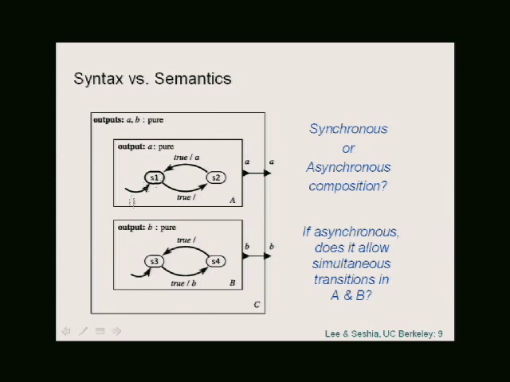But this picture does not tell you whether it's combined synchronously or asynchronously, or if it's combined asynchronously, what the semantics are, right? So you have to read the manual effectively to find out what is the semantics assigned to this sort of composition by your modeling tool, okay?